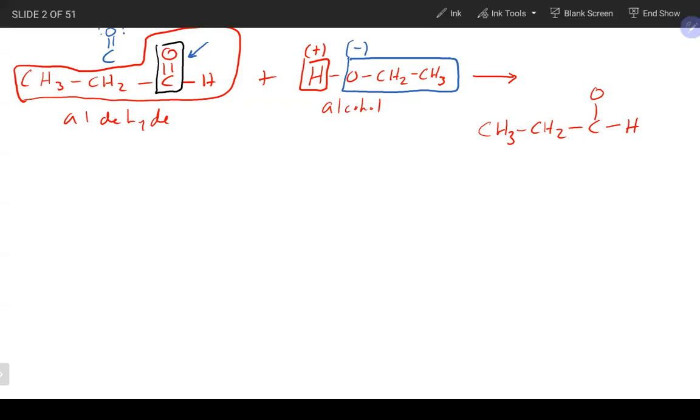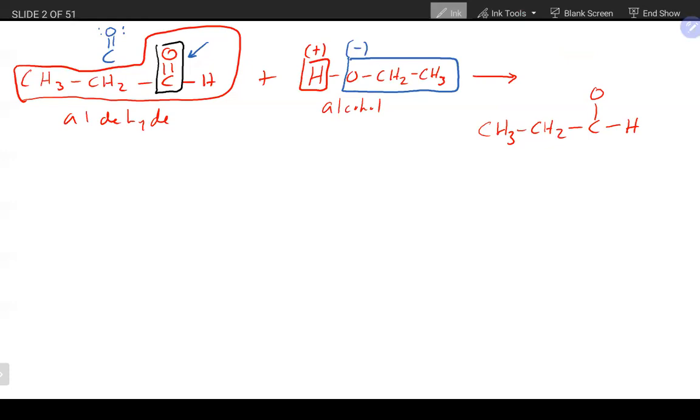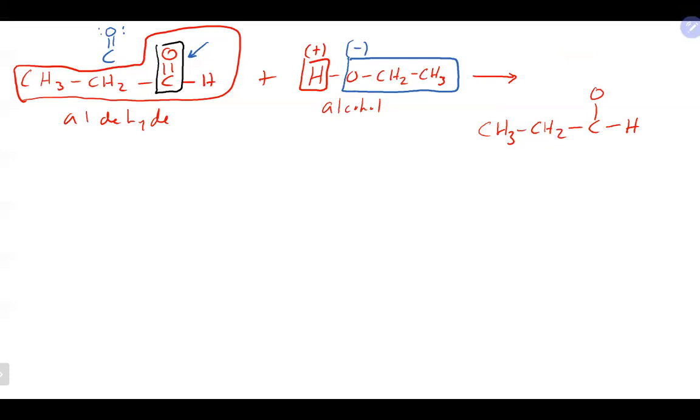What we've now done is made room for each of those things to go in. And if you remember, today and before as well, we talked about the carbon-oxygen double bond, that it is polar, and it's the carbon that's more positive and the oxygen that is more negative. So what happens in this case is opposites attract. The hydrogen part of the alcohol will go to the negative oxygen, and the oxygen part of the alcohol, this oxygen-carbon part, which is more negative, will go to the more positive side there.